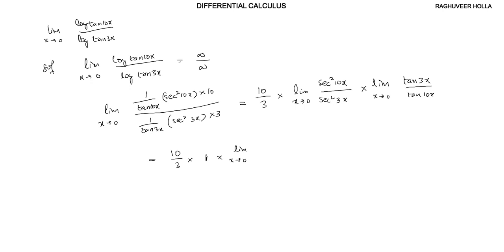Now as you put x equal to 0, this is okay, so we get 1. But we are not okay with tan 0, if it is tan 0.